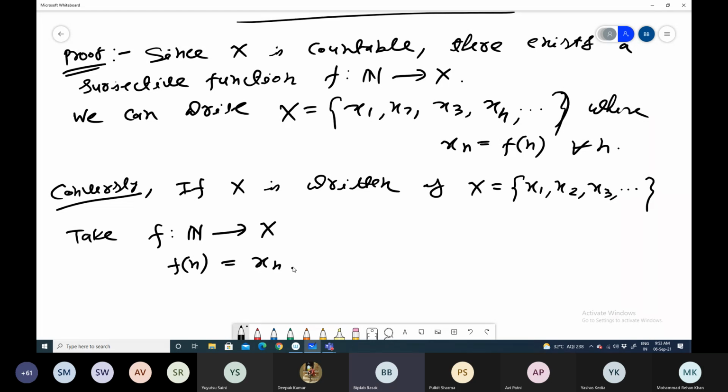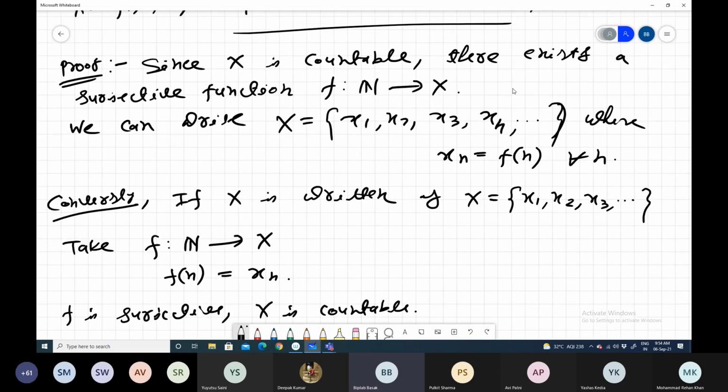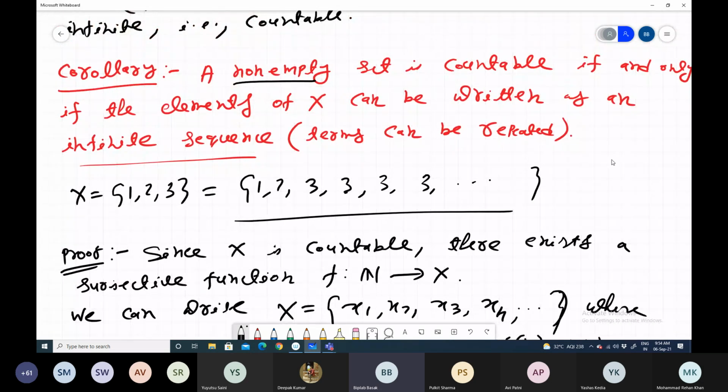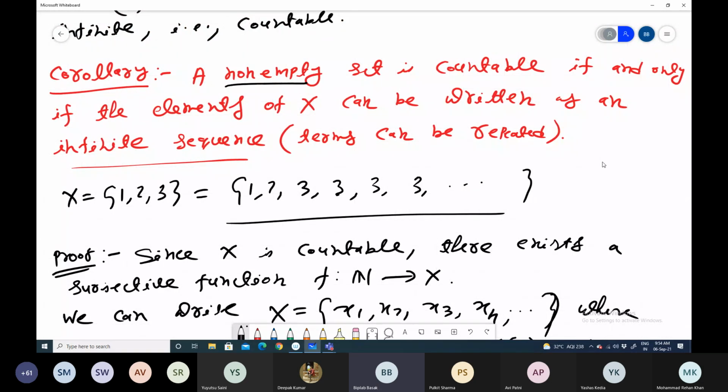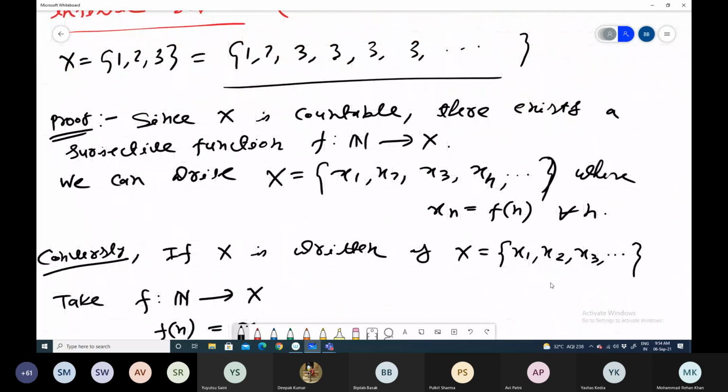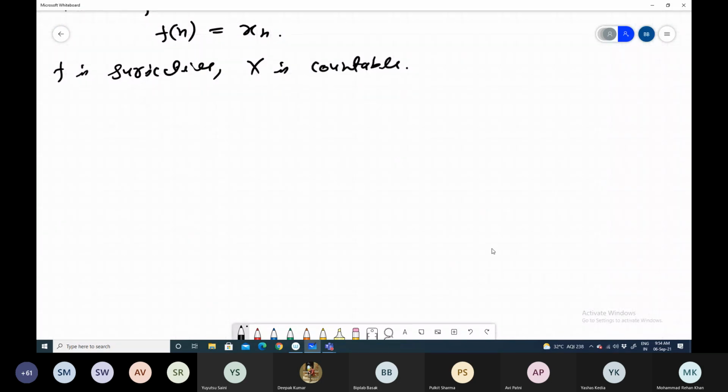Then obviously by the construction f is surjective. So therefore X is countable. Okay. So this corollary is very useful. If you want to prove that a set is countable, you just make a list of X. That means you can just express X as an infinite sequence.